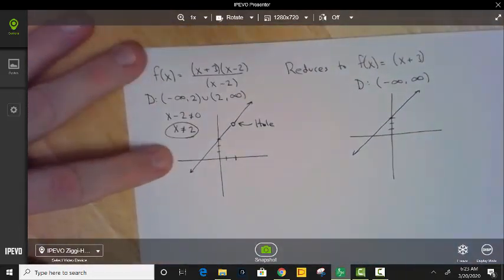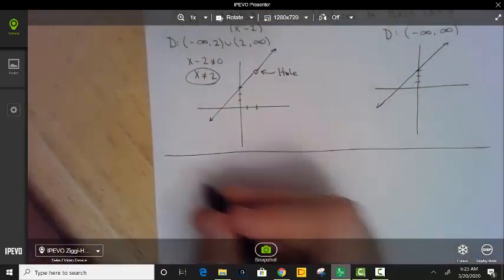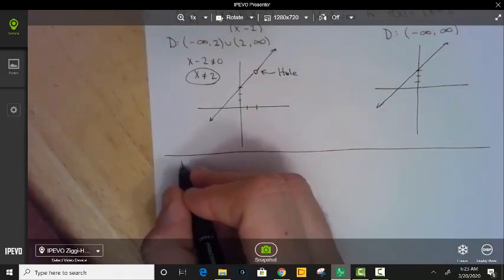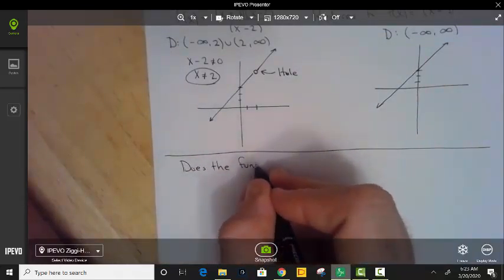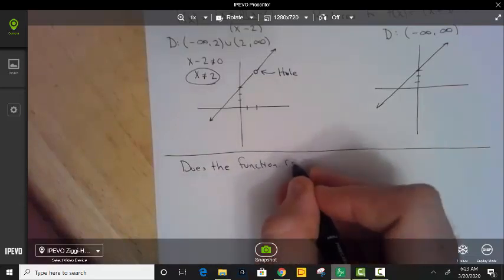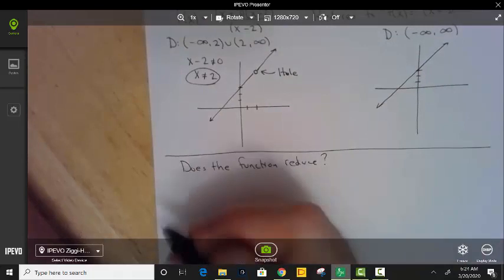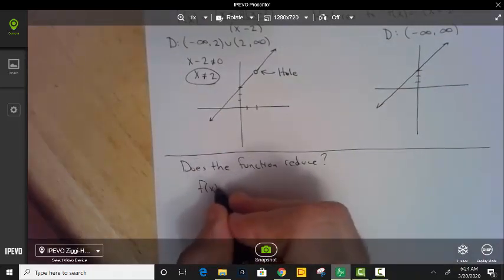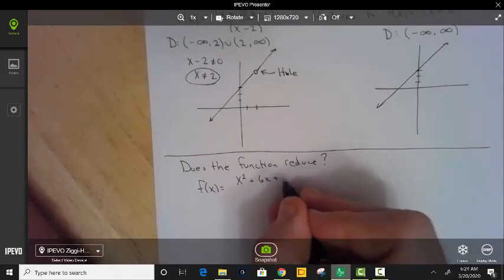So you have to ask yourself, does the function reduce?